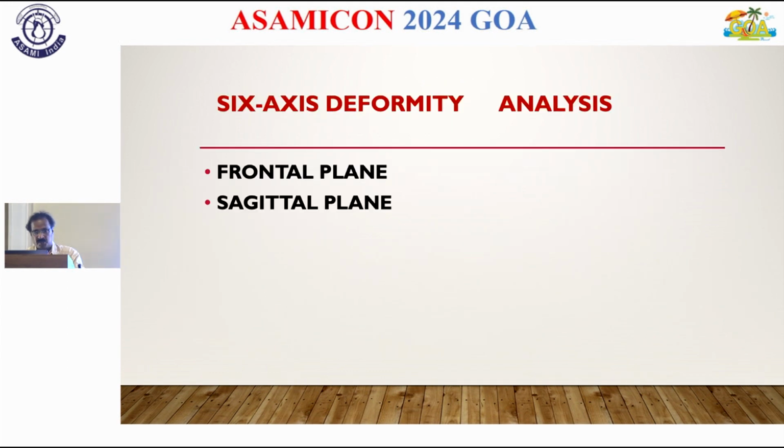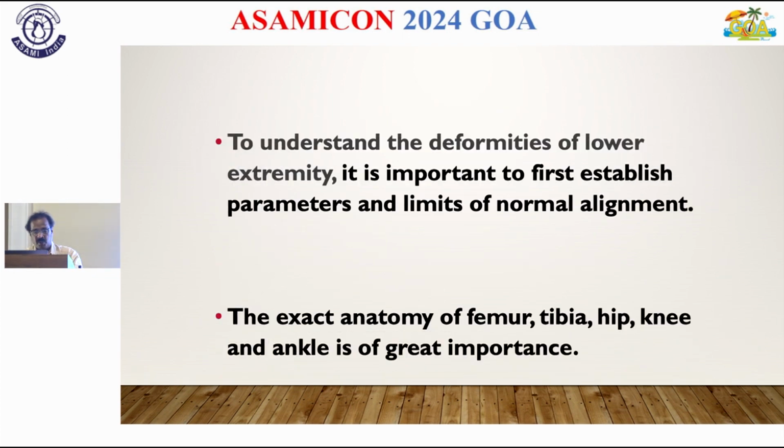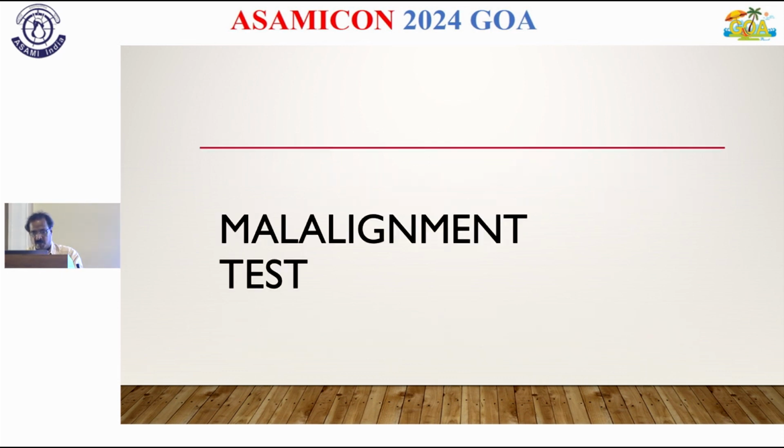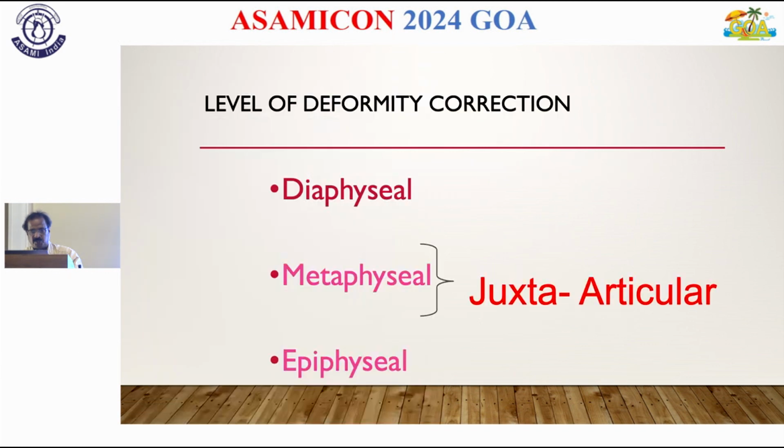6-axis deformity correction, already many plannings and everything has been discussed. So we have to plan it perfectly. We have to understand the deformity of the lower extremity. For that you have to know the normal parameters, malalignment test. So map the ABC, mechanical axis, analyze angles, pick the bone, find out the apex, bone cut, correction either slow or one stage.